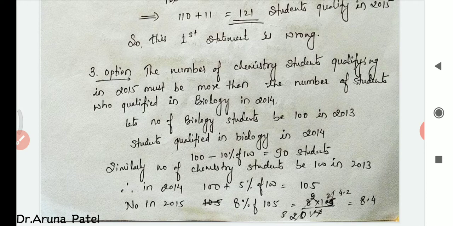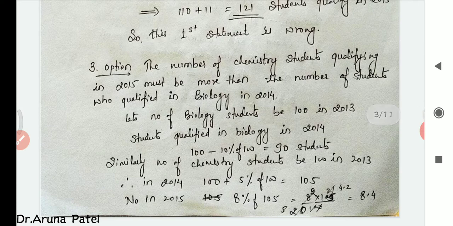On subtracting 10 from the 100 students of 2013, we get 90 students. So in 2014, 90 students passed. Similarly, let the number of chemistry students be 100 in 2013. In 2014 the graph says plus 5, so 5% of 100 equals 5, and adding to 100 we get 105.